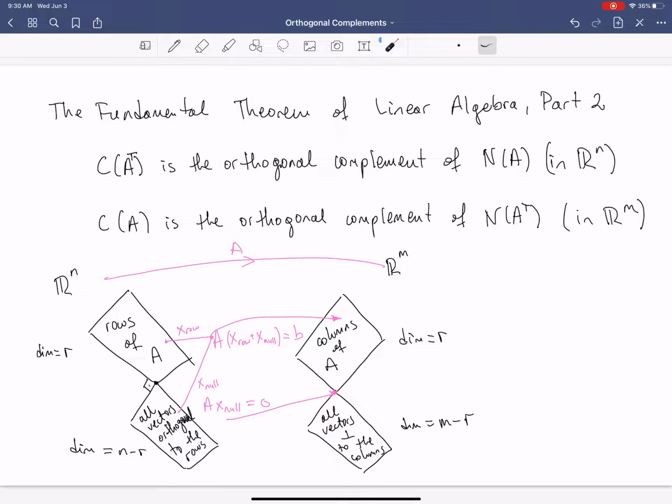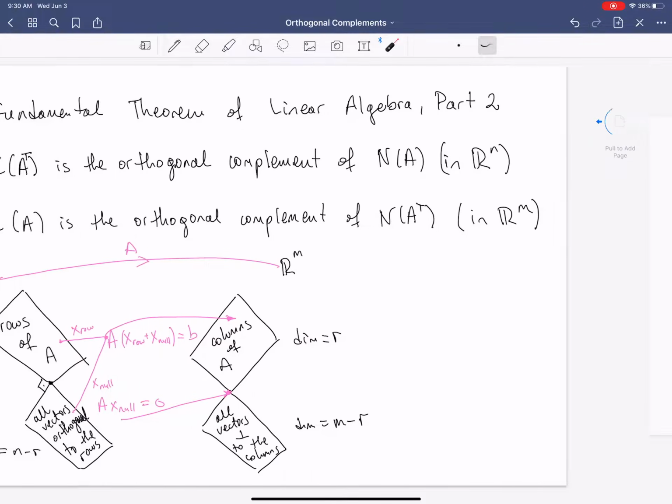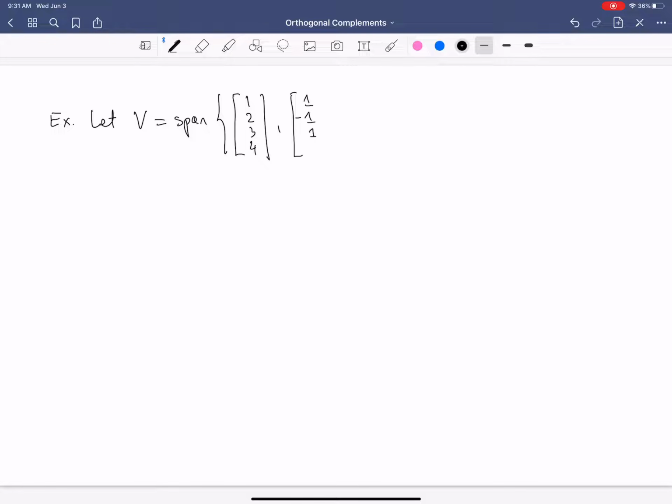All right, now let's use all of this to answer the following example. Let's look at an example of how we can use this matrix picture in a more standard way. So let V equal the span of the vectors (1, 2, 3, 4) and (1, -1, 1, -1), right?